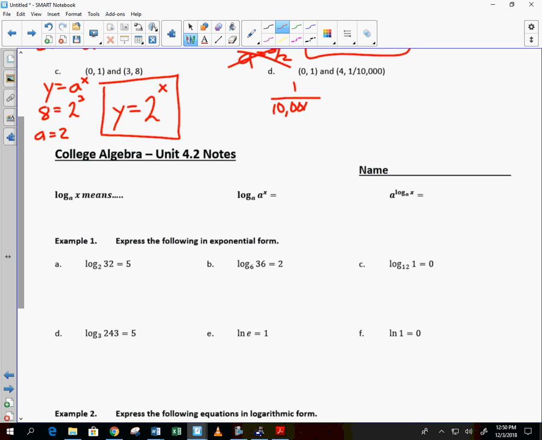1/10,000 is equal to some number a raised to the 4th power. What number do you raise to the 4th power to get 1/10,000? Okay, let's make it easier. What number do you raise to the 4th power to get 10,000?